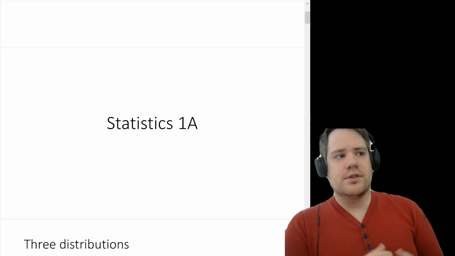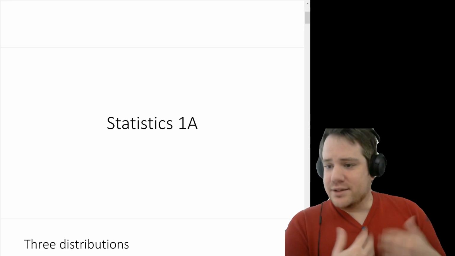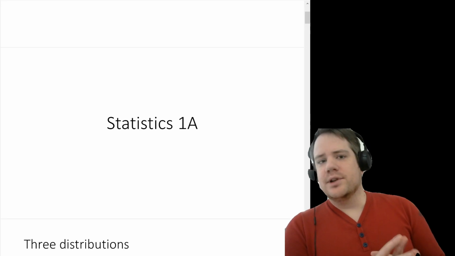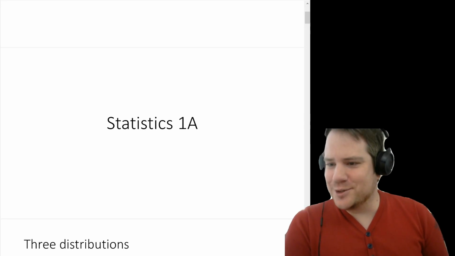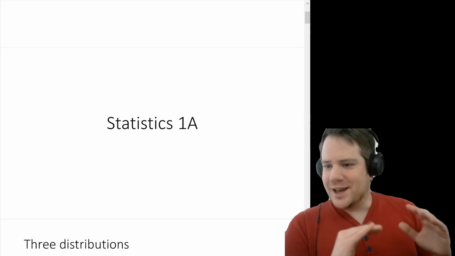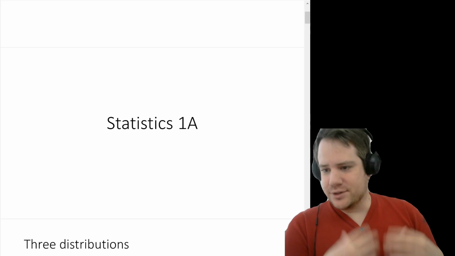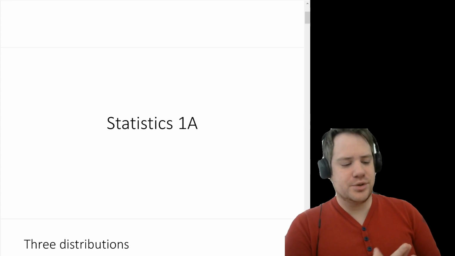Then we moved on to linear transformations. It wasn't a really big topic, but we did have that. Then we had distributions. So we learned especially about normal distributions and how to calculate the area and how to standardize. But most importantly, we learned how to graph a normal distribution.